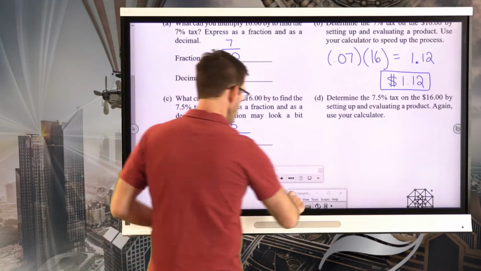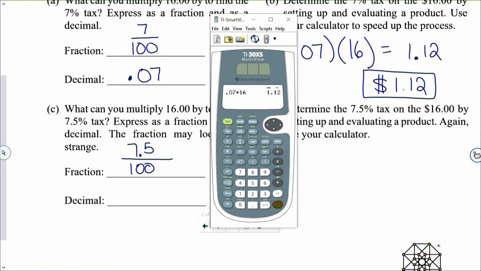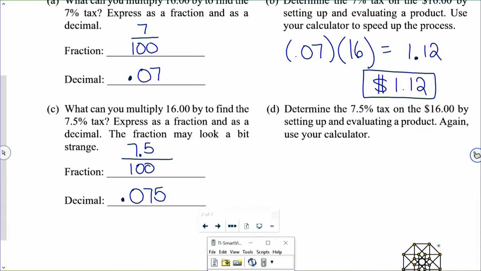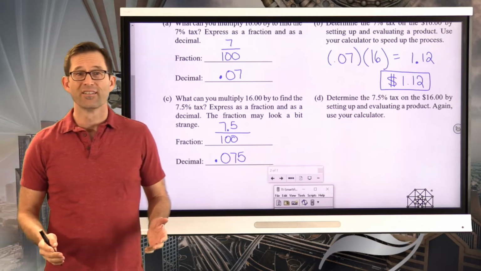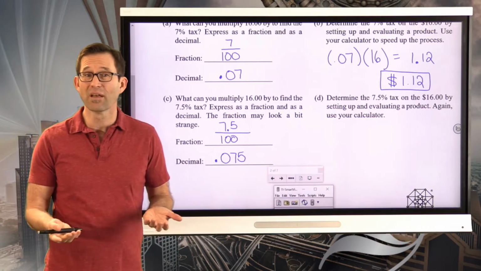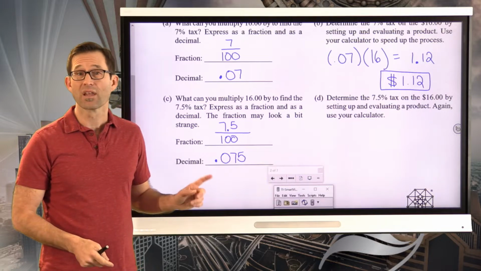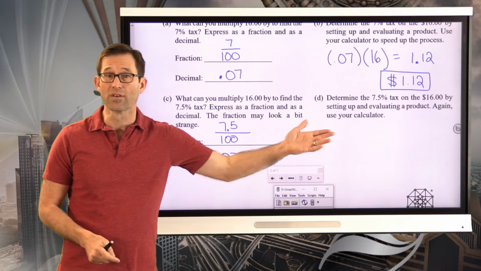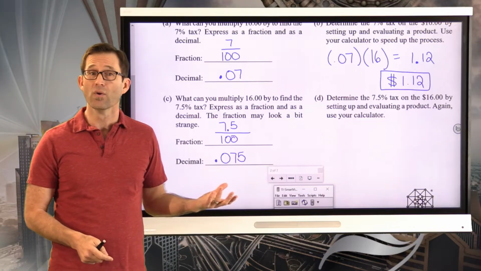Now, not surprisingly, if we want to know the decimal version of that, I did 7.5 divided by 100, and we get 0.075. And that's it. There's our messy percent. So now instead of multiplying by 0.07 in letter D, we're going to be multiplying by 0.075.